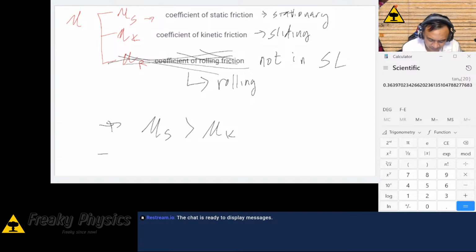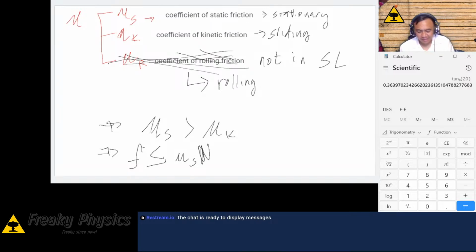The second thing here is that the complete equation is this. The friction is less than or equal to mu s times n.